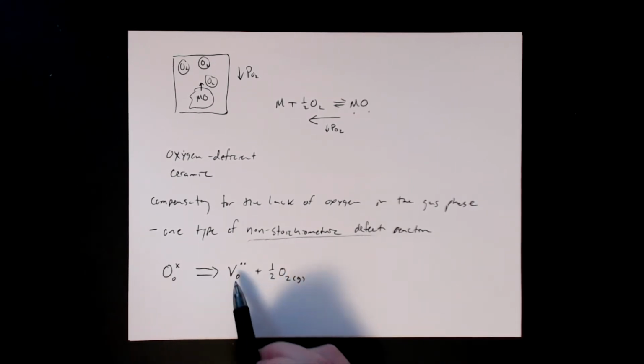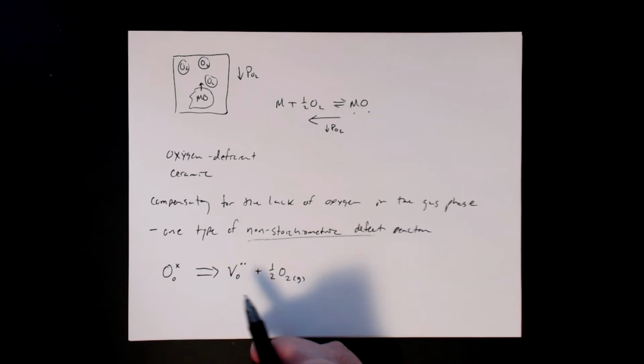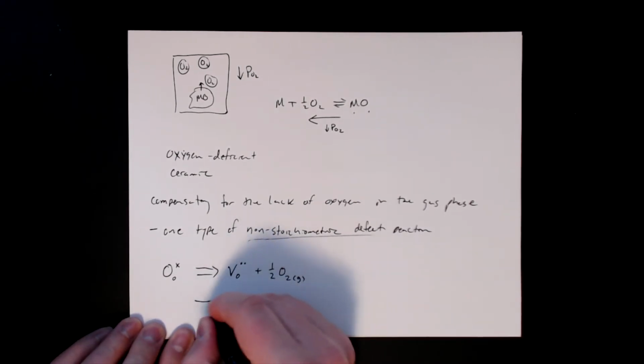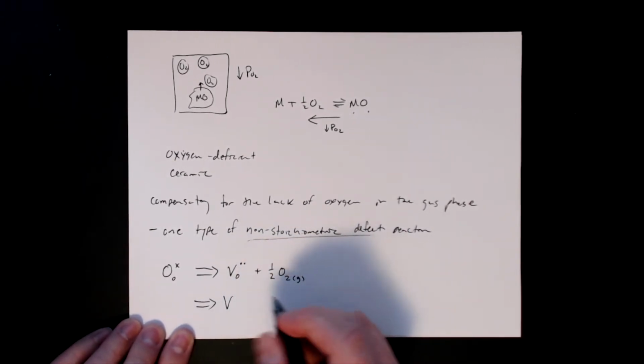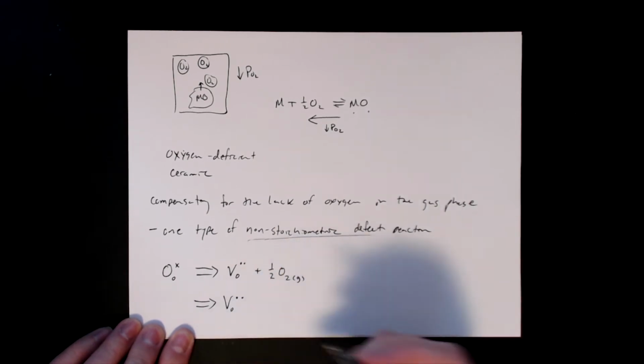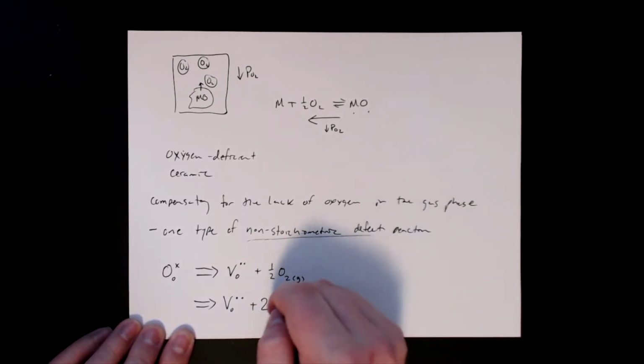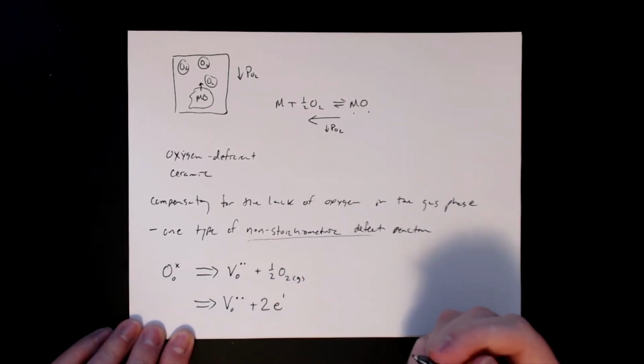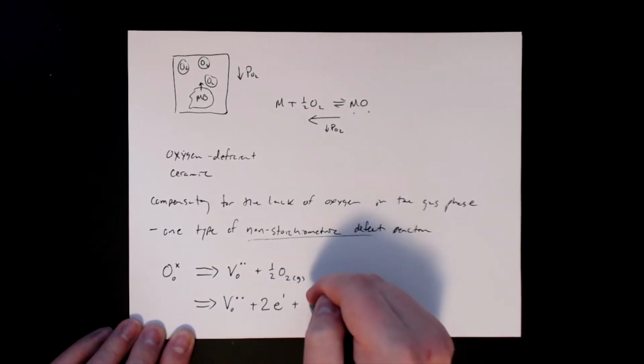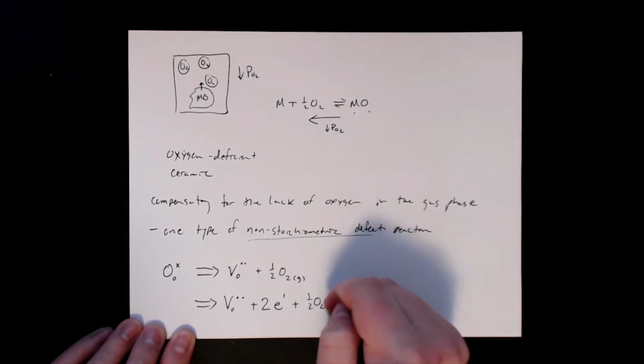We need something that will oppose the positive 2 charge of the oxygen vacancy. If we look at some of the species that can do that, what we see is that instead of what we have up here, we'll have the oxygen vacancy, and we'll have 2 electrons plus the 1/2 O2.